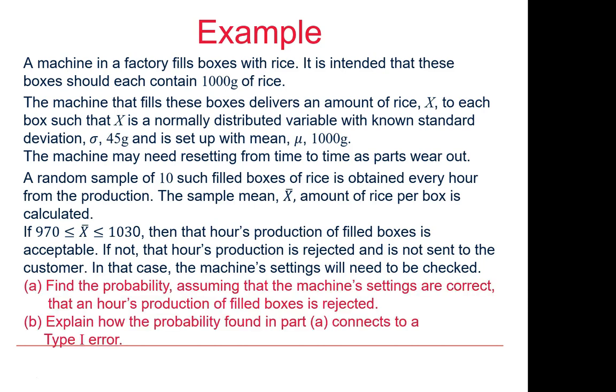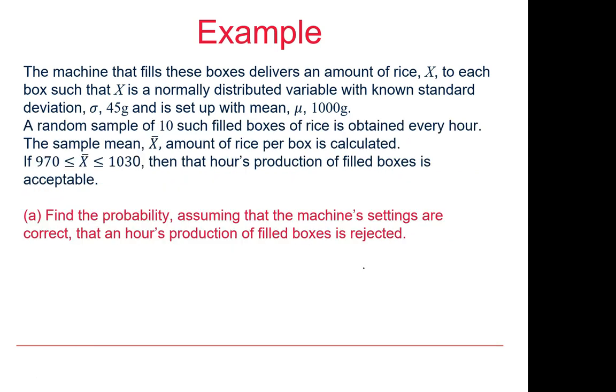So the demands here are, first of all, A, find the probability, assuming the machine settings are correct, that an hour's production is rejected. And then B, explain how the probability we found in Part A connects to a Type 1 error. So there's a summary of the relevant information that we need there.